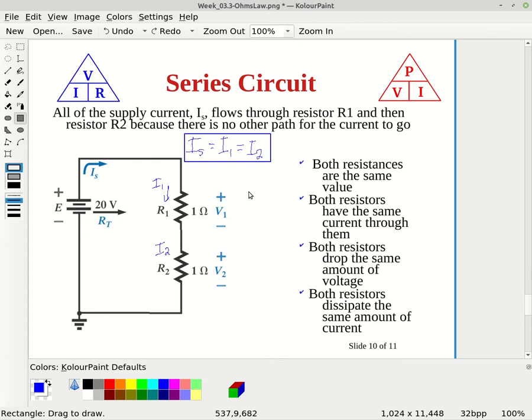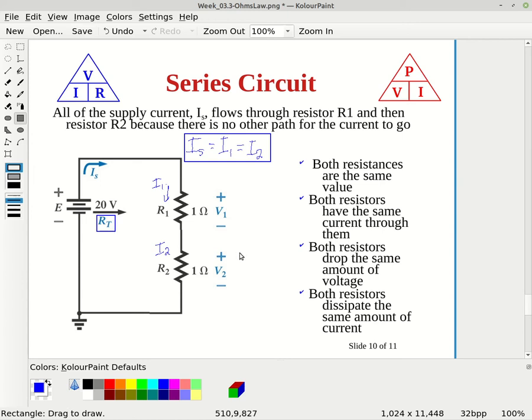So when we look at that then, since it's the same current, we have this resistor R1, so the current has got to flow through resistor R1, but then it's also got to flow through resistor R2. So it's got to flow through both of these resistors. And so the total resistance, over here they have this RT.